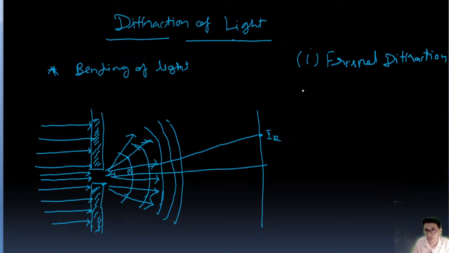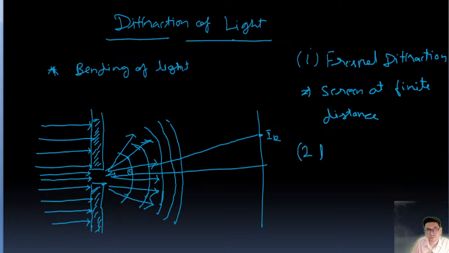So this means the screen is at a finite distance. And the second type of diffraction is Fraunhofer diffraction.